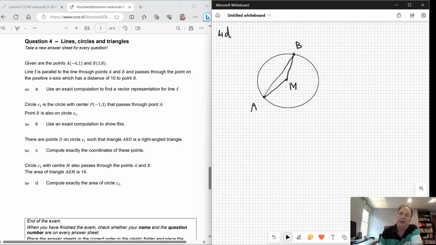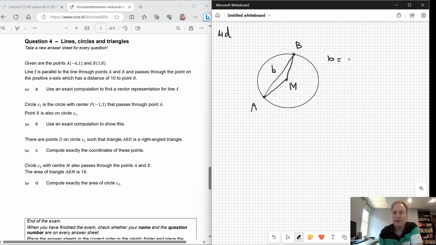For the base, we can select any of the sides. It probably doesn't matter which side you take, but let's take AB as the base.